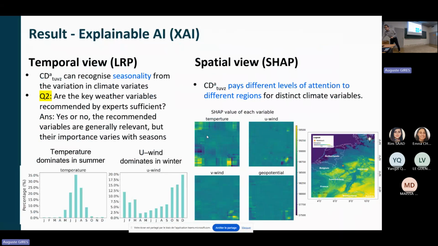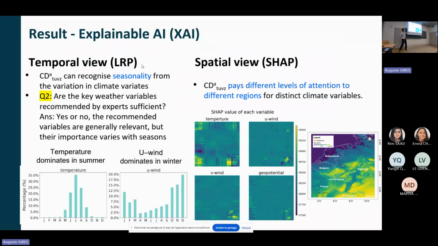Another method is called LRP. LRP looks into the different layers inside your neural network. It analyzes how the flow goes from one layer to the next, and where the majority of the flow goes. These techniques are called LRP. We found that in this specific area, first, as I said, we didn't provide any information about whether data comes from November or October.